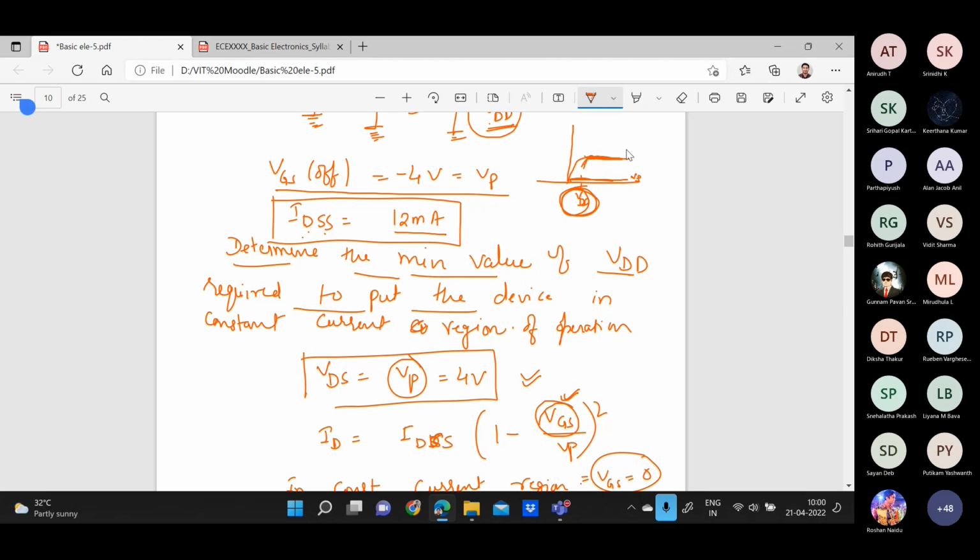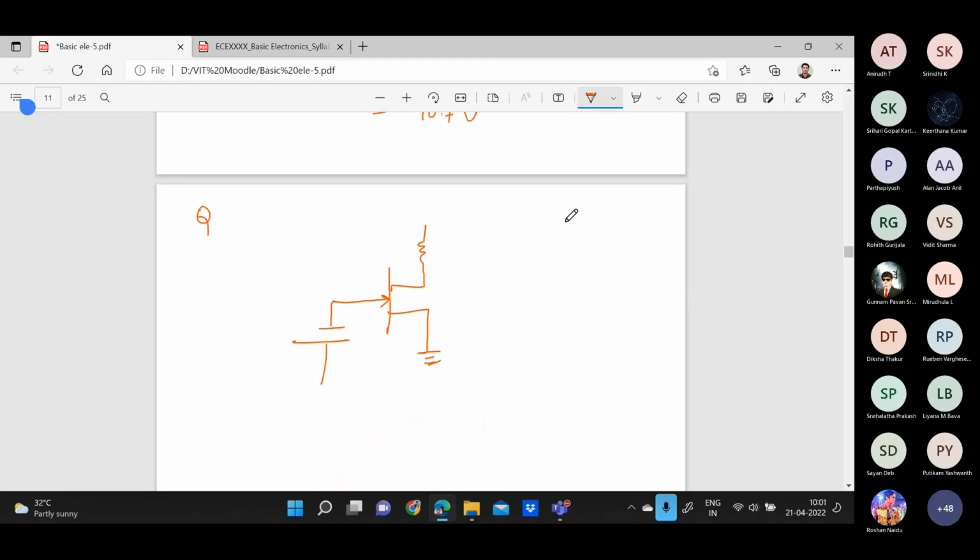From the characteristic also it's clear that only when VDS reaches VP will it go into the constant current region. So you can see the lecture on that characteristic. Okay, so from the graph you've inferred. Yes. Okay, thank you, sir.